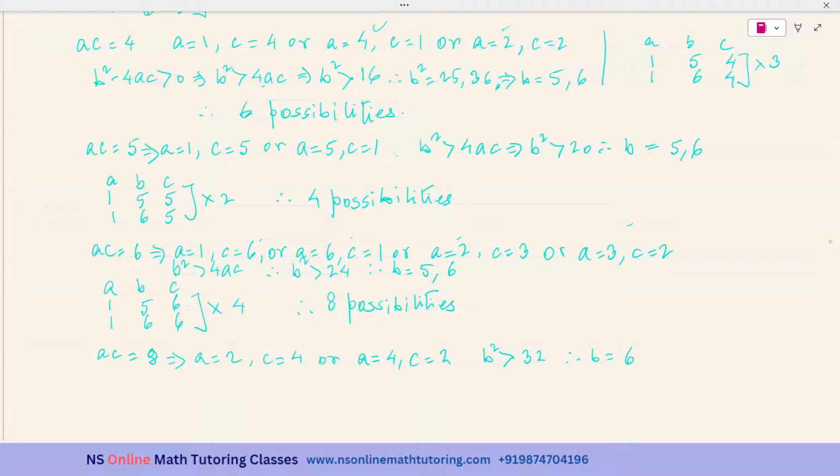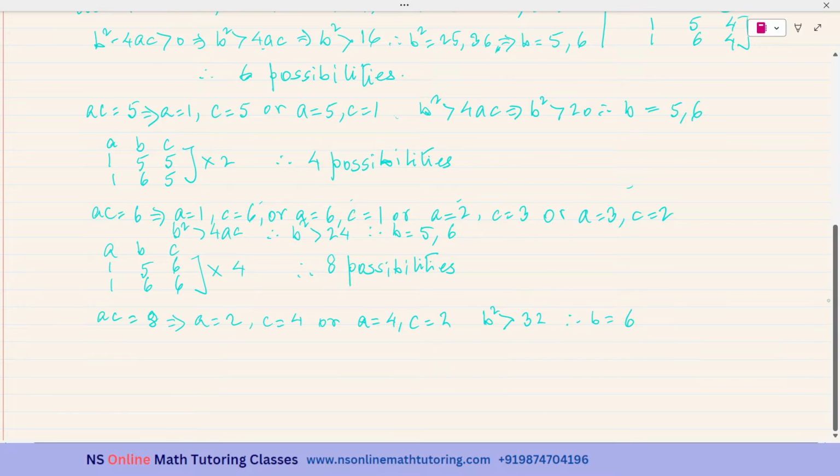So, we have the values for A, B, C. A is 2, 6, 4 and I am having another as 4, 6, 2. So, these are two possibilities.